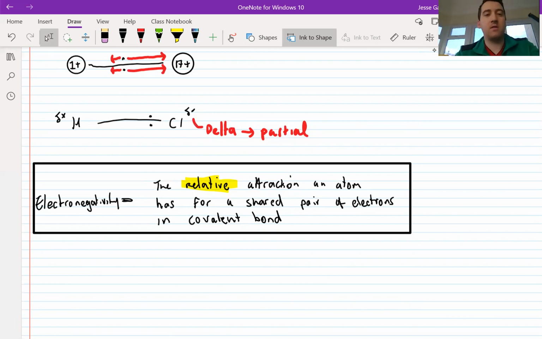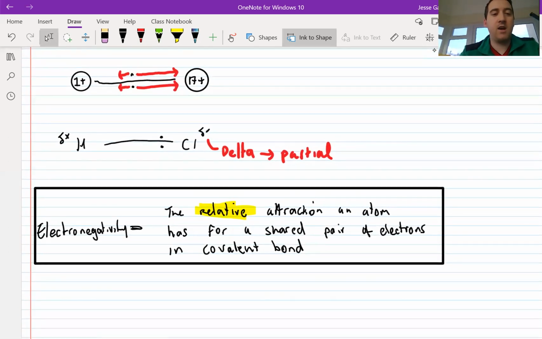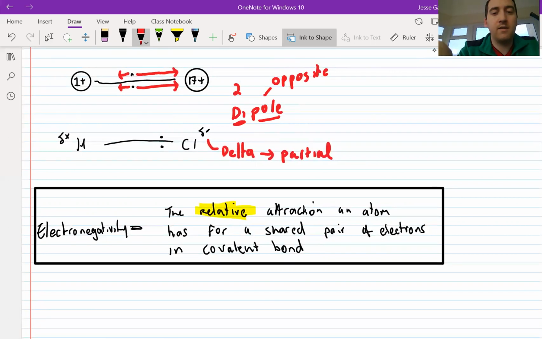Now, when this happens, we create 2 areas in a bond that basically have opposite ends to them, okay? The electrons are being unequally shared here, and we create something called a dipole. Now, this word comes from di, meaning 2, and pole, meaning opposite areas or opposite ends.